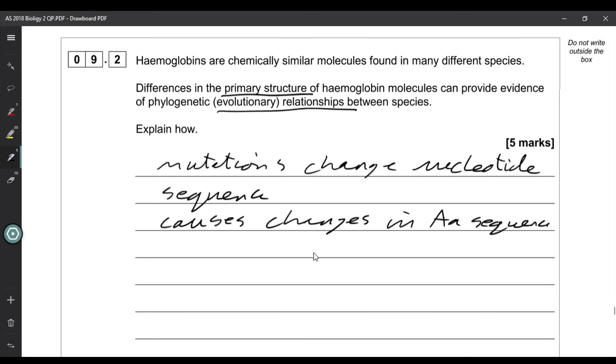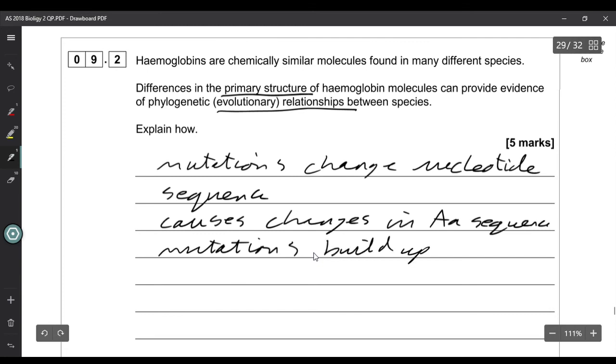And how does this happen? So we know that mutations build up over time. So if you compared one sequence with another, all those mutations don't happen at the same time. They gradually get more and more.